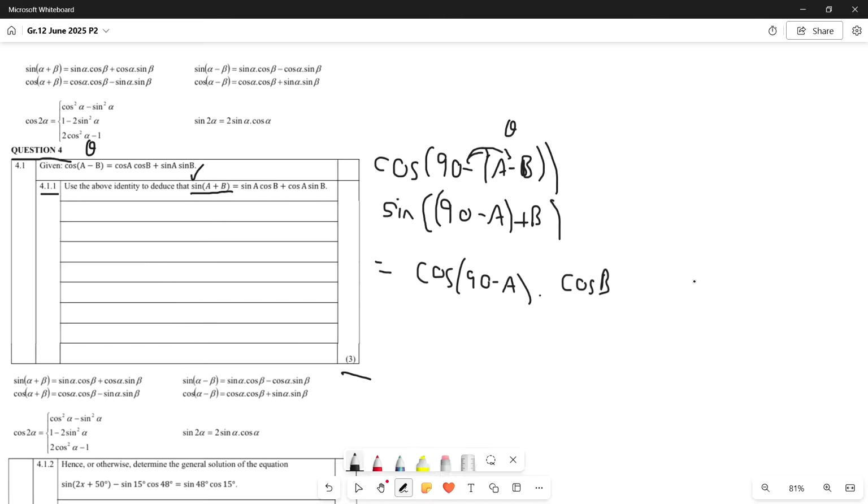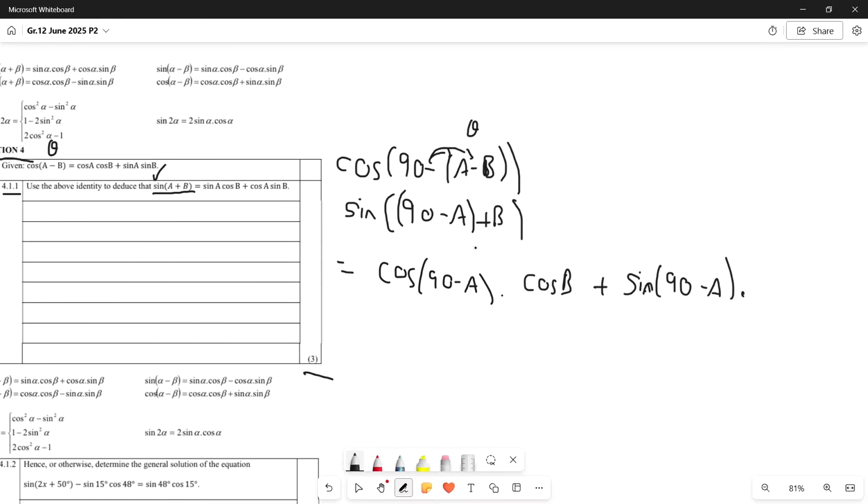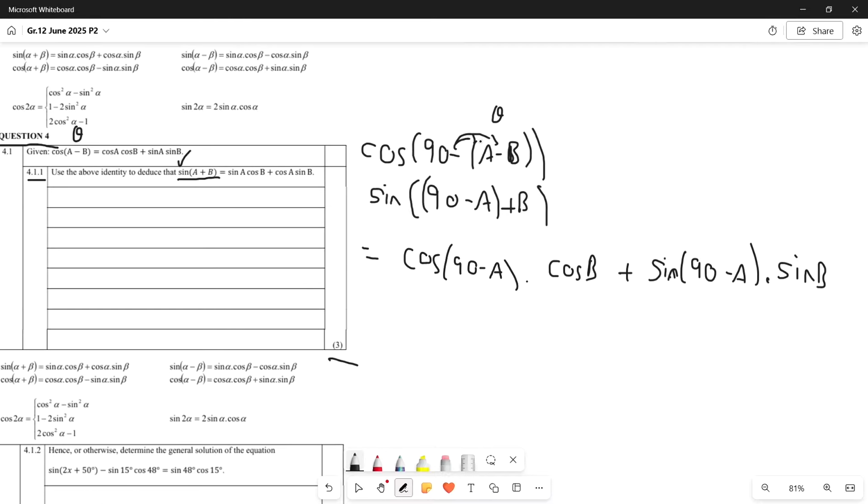And then plus sine A is what used to live here, but now we have to redistribute this 90 minus A into here, which means we have sine(90 minus A), multiplied by this B we're just distributing normally into sine B. So to retrace our steps, we did a cofunction of our initial reference angle. We then distributed the negative into both, and we repackaged the 90 minus A here as our first angle and distributed that into this whole compound angle on the right.